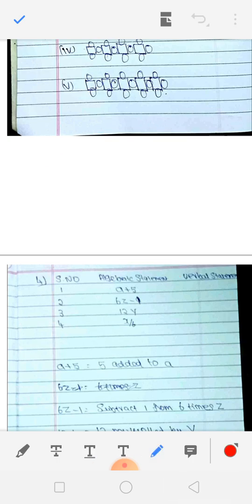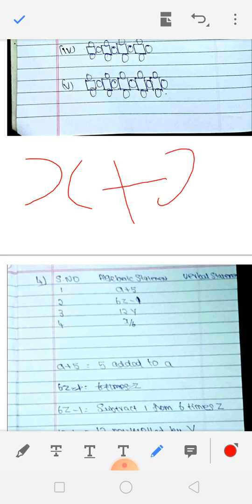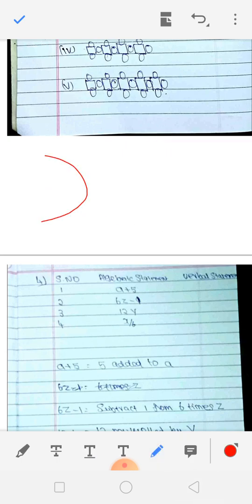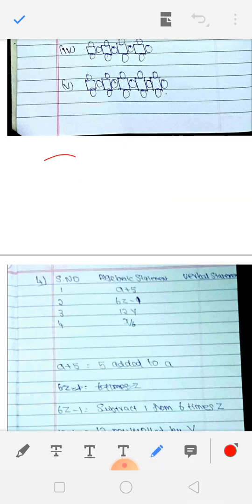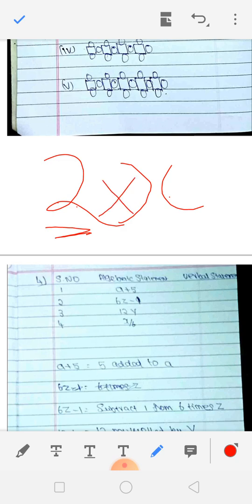Okay, last one, x plus 2, which means the 2 is added to x. And then x minus 2 means the 2 is subtracted from x. Then 2x, so 2 multiplied by x.